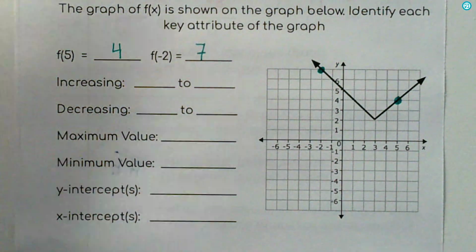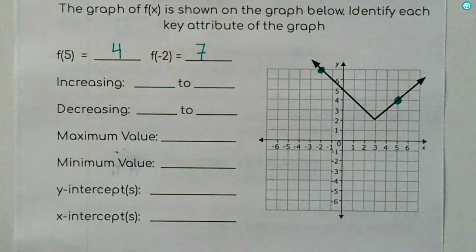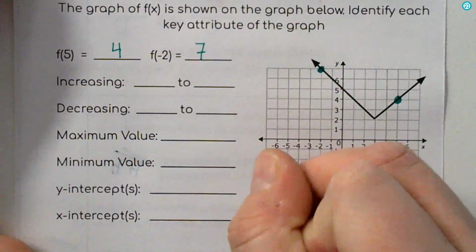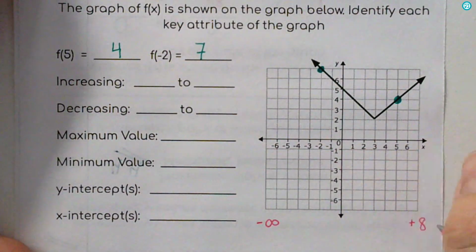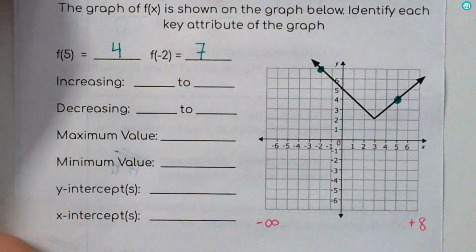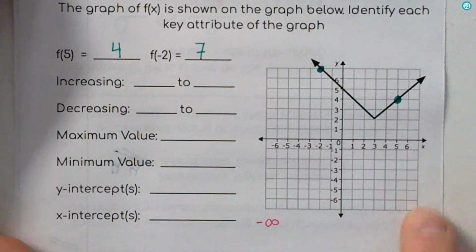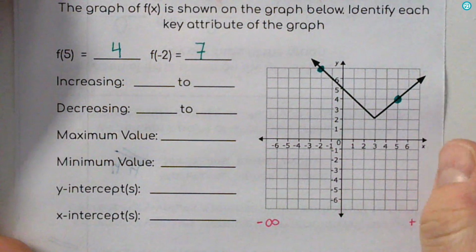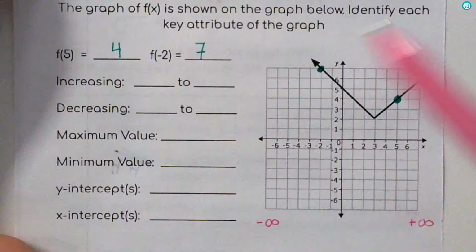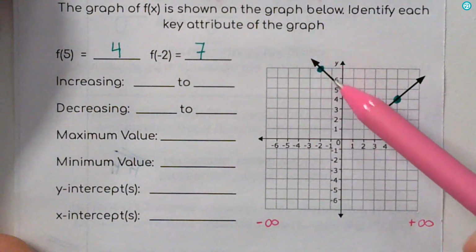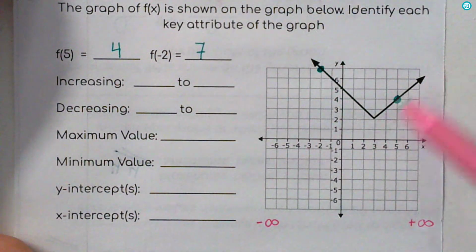Then let's do our increasing and decreasing. So we are going to label negative infinity to positive infinity to start. I wrote an 8 instead of an infinity. Oops. All the mistakes I make. All right, and then we're going to look at our graph. It's going down, down, down, and then up, up, up. So this is my switching point.